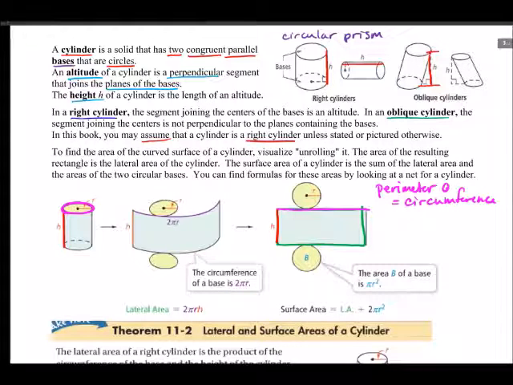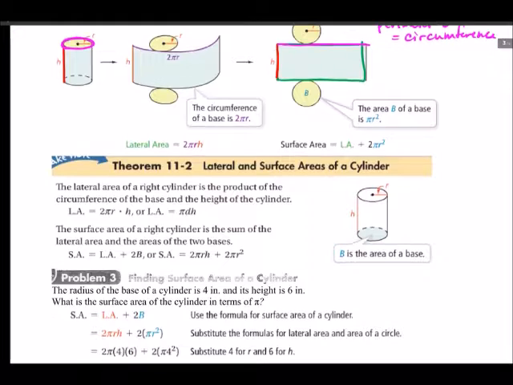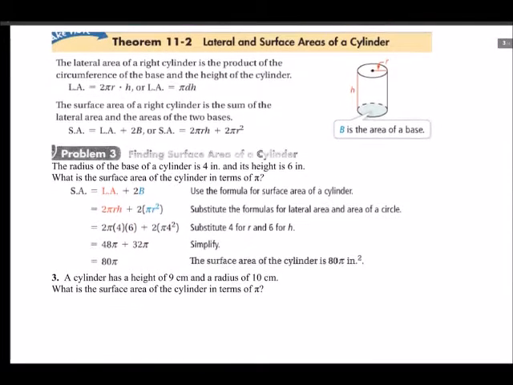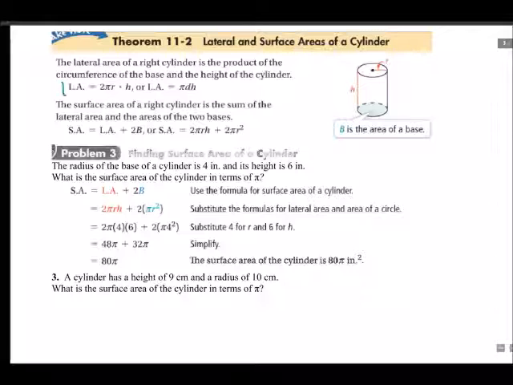So when we find our lateral area, let's look at our formulas here. When we find our lateral area, it's going to be the circumference times the height of the prism.